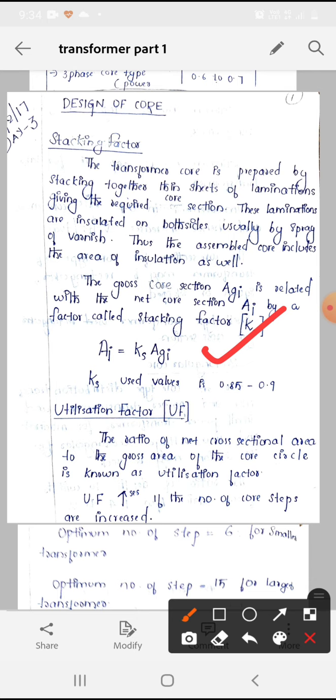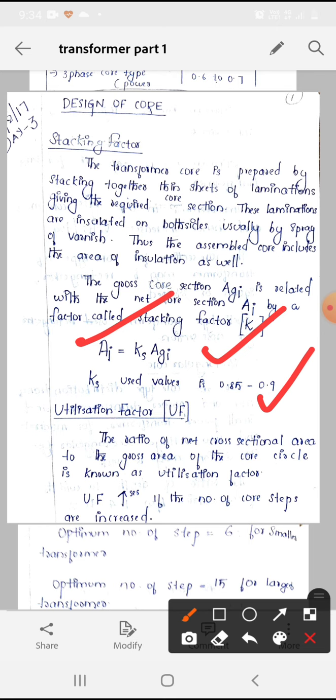So stacking factor is basically the ratio of net core section to gross core section, Ai by Agi. Normally the Ks value is from 0.85 to 0.9. So in a question, if stacking factor is not given, you can take it as 0.9, or any value in the range 0.85 to 0.9. Normally we take 0.9.